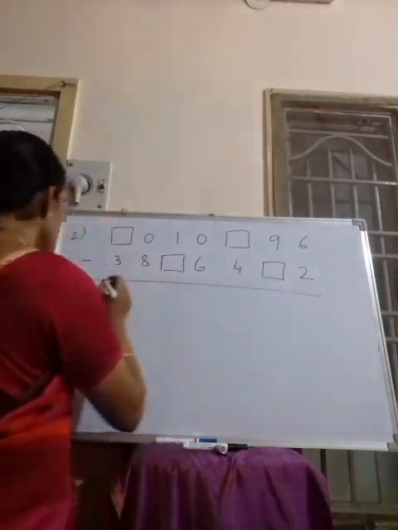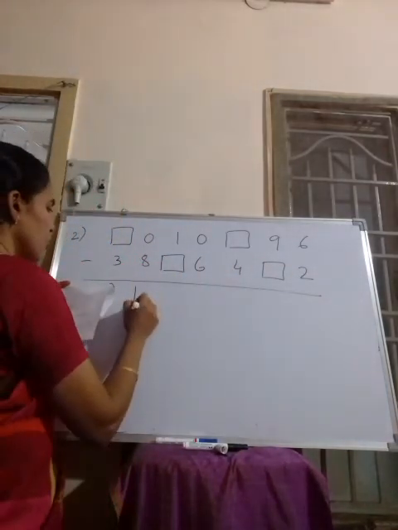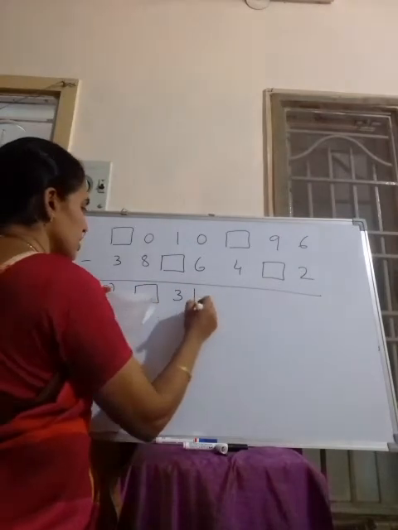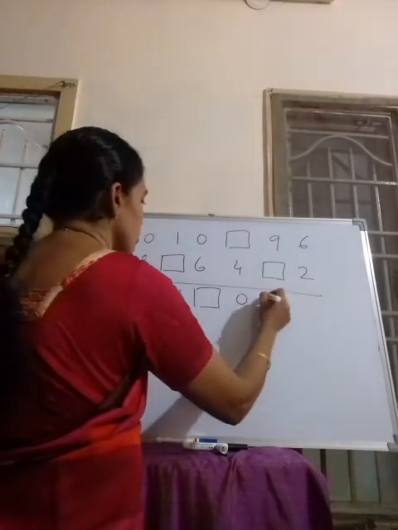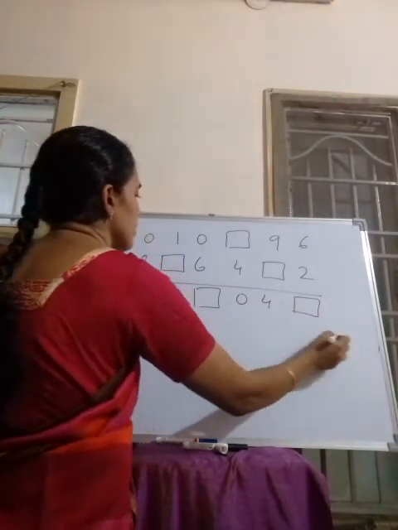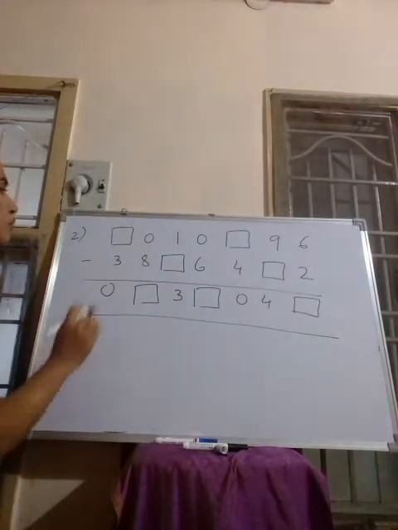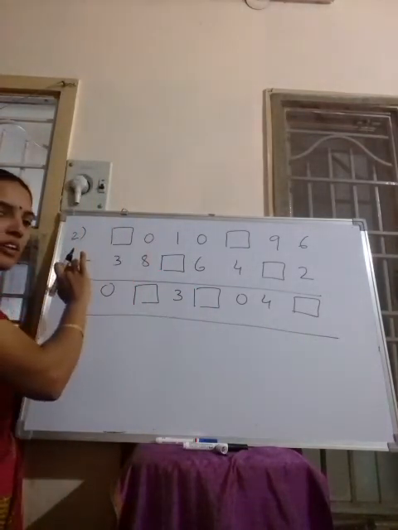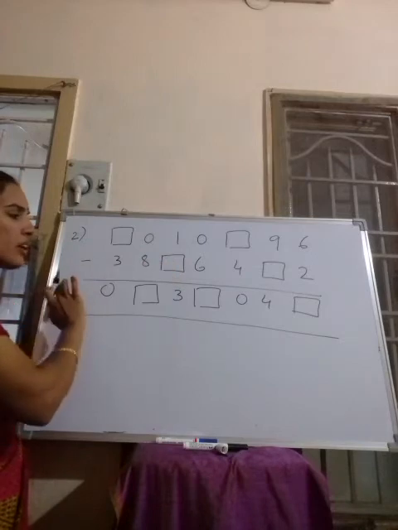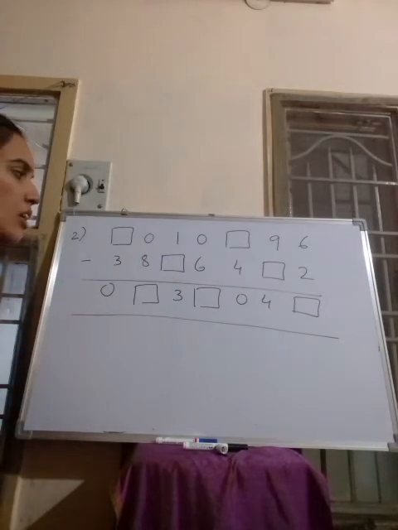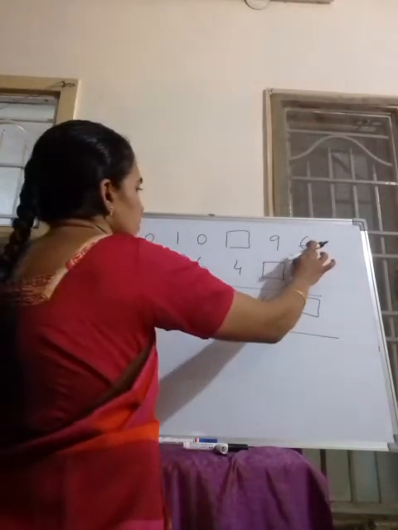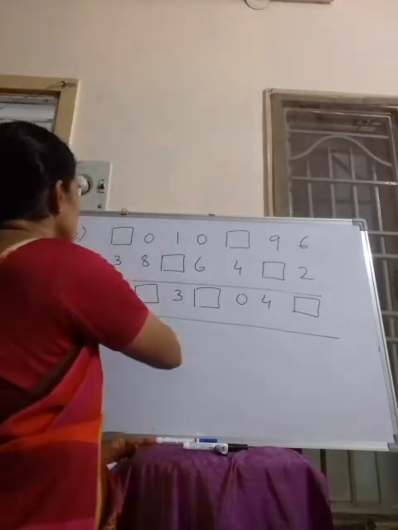Now the difference they give is 0 and again a blank, 3, again a blank, 0, 4 and a blank. In this problem, some blank digits are there to find out in the minuend, and even in the subtrahend and even in the difference, all three. Now here see, first we start with the ones place.